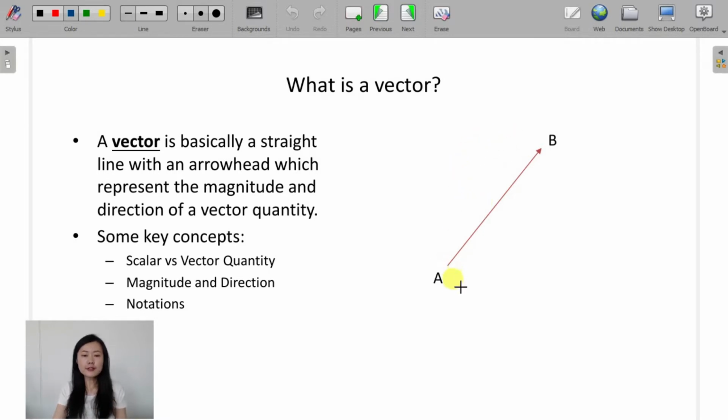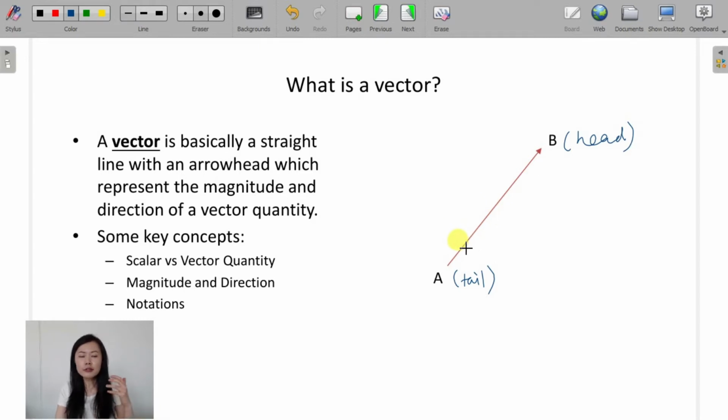So some notation here. This is the tail end of the factor, and this is the head end. The arrowhead is the head end of the factor. What represents magnitude? It's basically the length of this thing, and direction is the angle, wherever it's pointing.